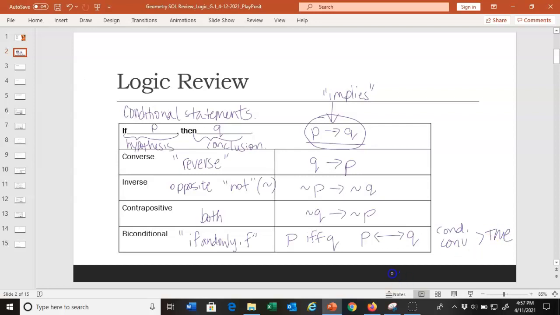So the original statement and also the flipped, and that makes sense, right? Because this is telling us that the statement is true both directions. That's what that sort of double arrow means. So in order for us to be able to write a biconditional statement, the converse and the conditional have to be true.